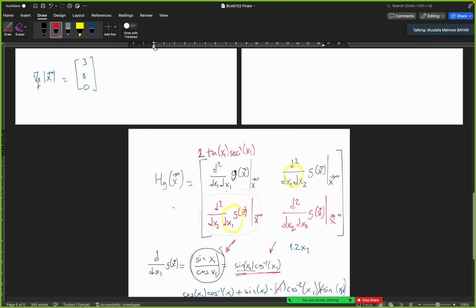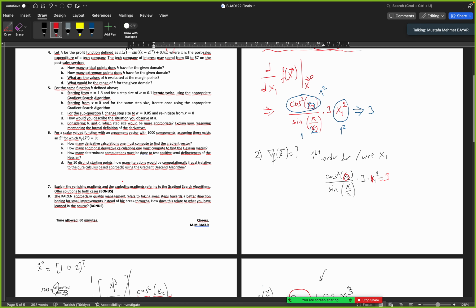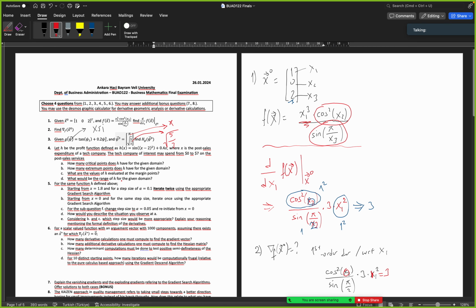And when you just plug in these values, you get 1.2 times the square root of 5 over 3. And for this guy, the tangent of pi is going to be 0, and this whole chunk will become 0 too. And that's it. So let me just continue with the fourth question.